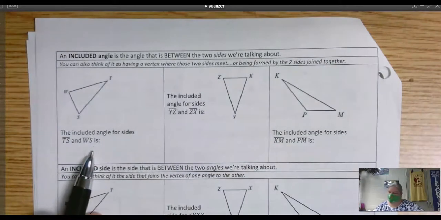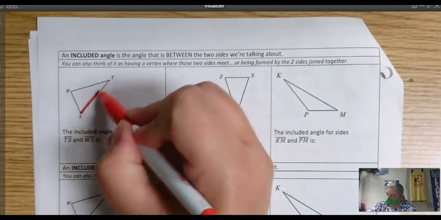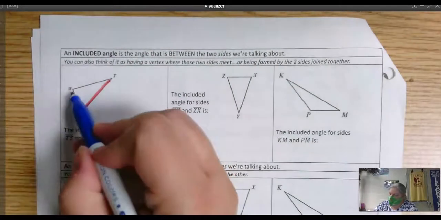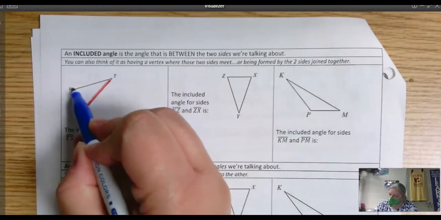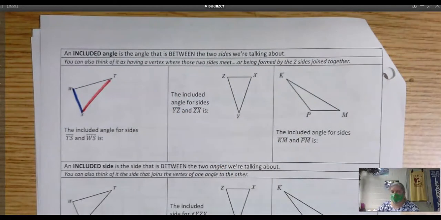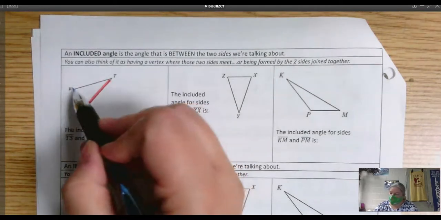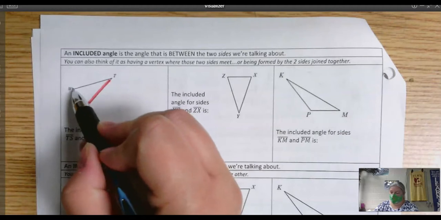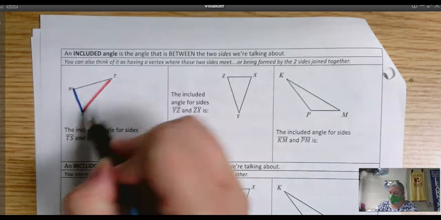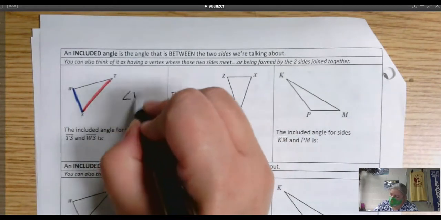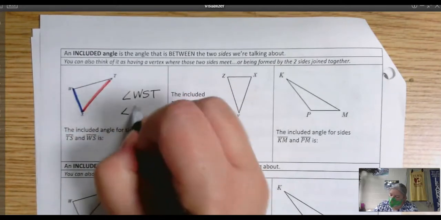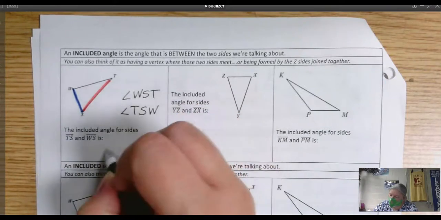So here on the first one, it says the included angle for sides TS and WS is basically the angle that I have just marked, the angle where those two sides join. You could call it three letters. You could say it's angle WST, or you could call it angle TSW, or in this case, we could just call it angle S.